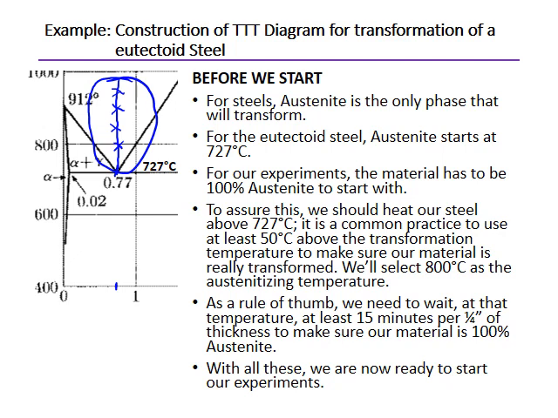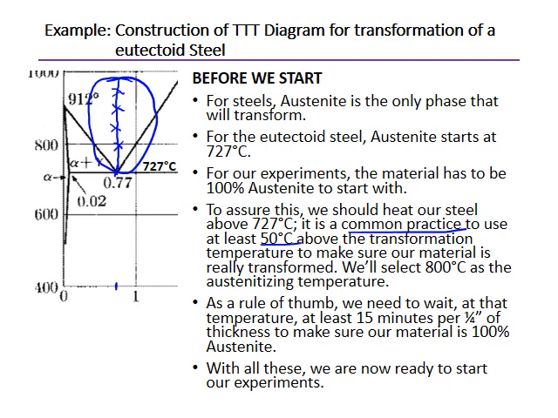So we can use anything above 727. Now it is a common practice to use at least 50 Celsius above the transformation temperature. You can then select, I don't know, 777, 780. You can see in many books that some TTT diagrams are constructed using 800 Celsius.